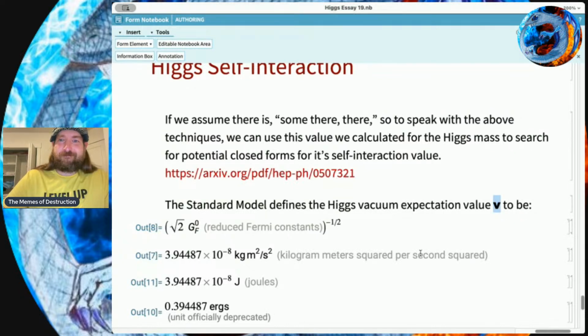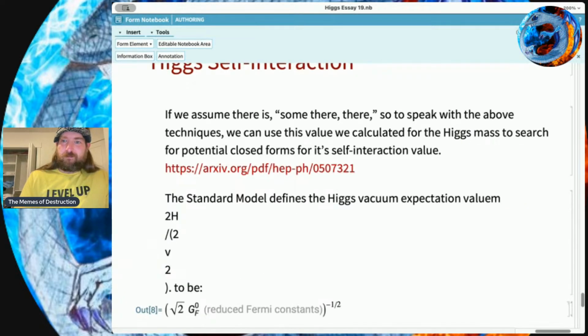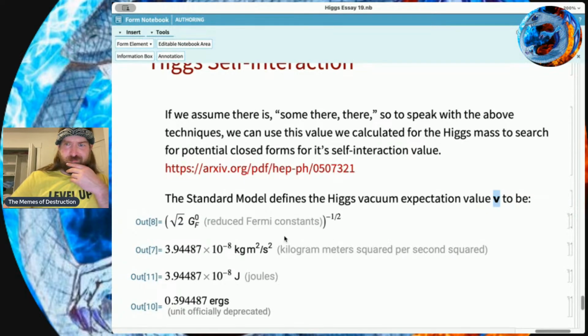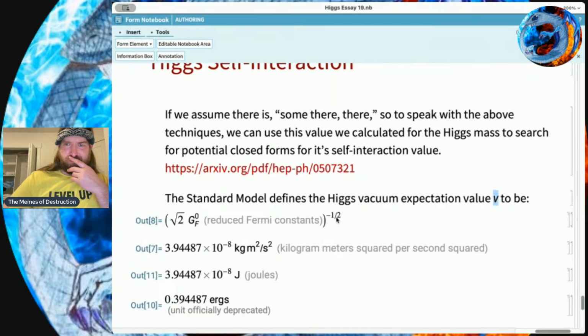I'm just copying that whole dang expression. V. There we go. Make it italic.